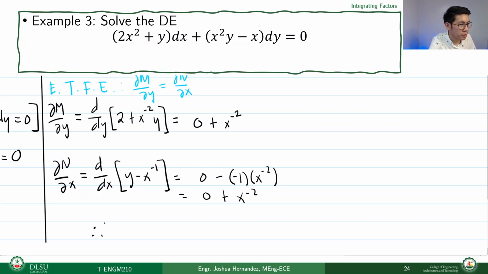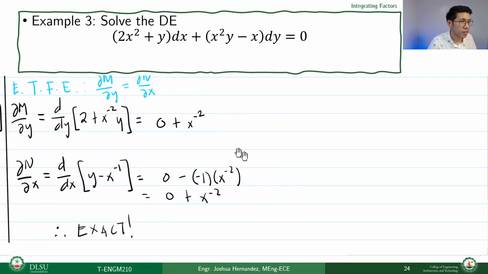Since the partial derivative of m with respect to y is equal to the partial derivative of n with respect to x, our conclusion is that this is now exact. And this has been made exact because of our integrating factor. We can now proceed to solving this by means of exact equation.